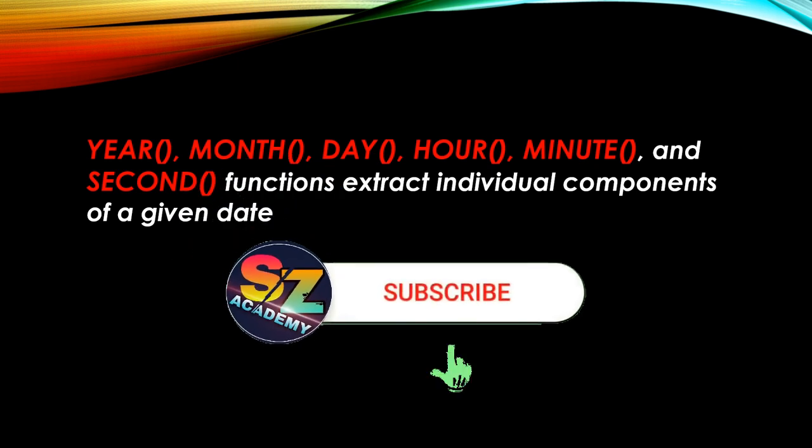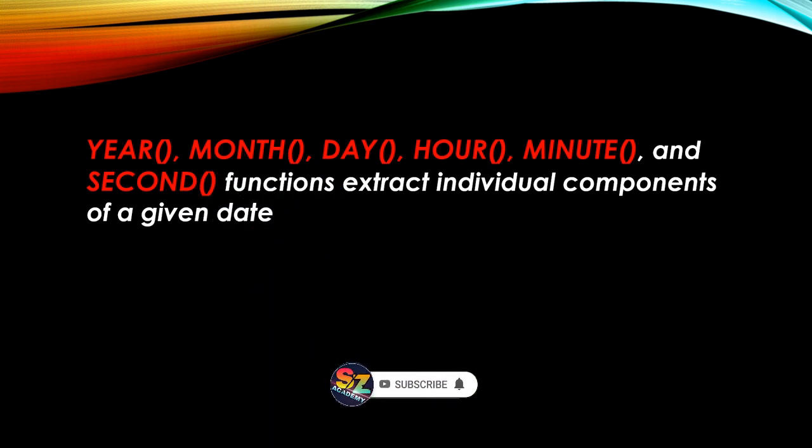The most common ones include YEAR, MONTH, DAY, HOUR, MINUTE, and SECOND. Basically, all they do is extract those individual components out of a given date. Syntax wise, they are about as easy as it gets: YEAR is YEAR, MONTH is MONTH, DAY is DAY, and so on. The only actual component of the formula is the reference to a cell containing a date or a time.